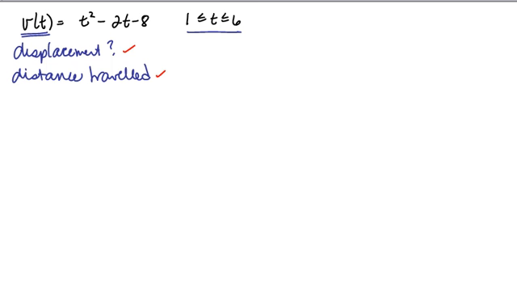This is the easier question to answer. The reason it's easier is because this displacement is generated by merely taking the antiderivative of velocity. So we're going to do that first.